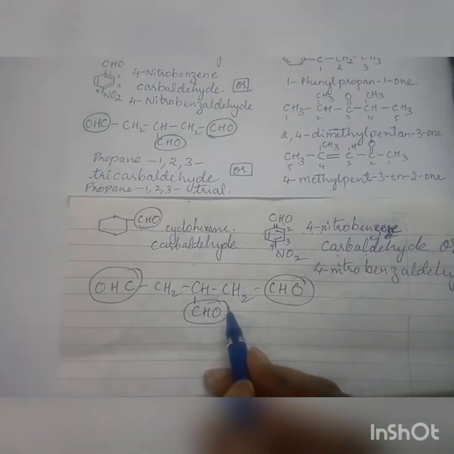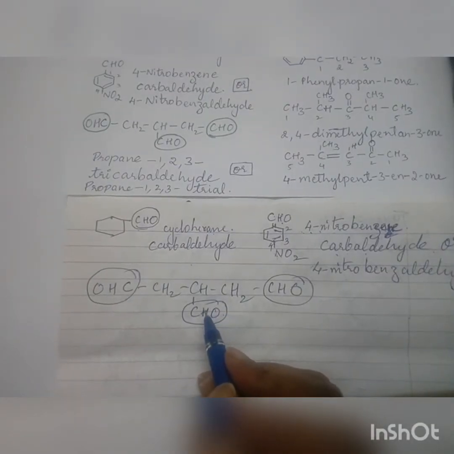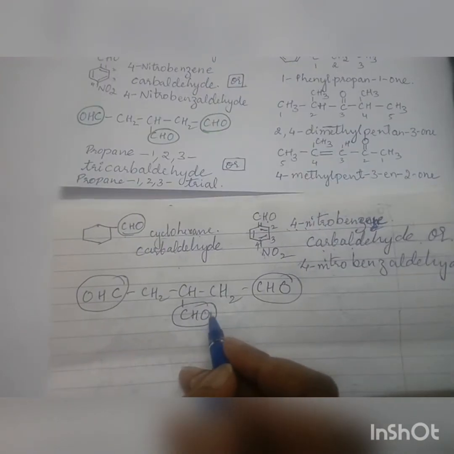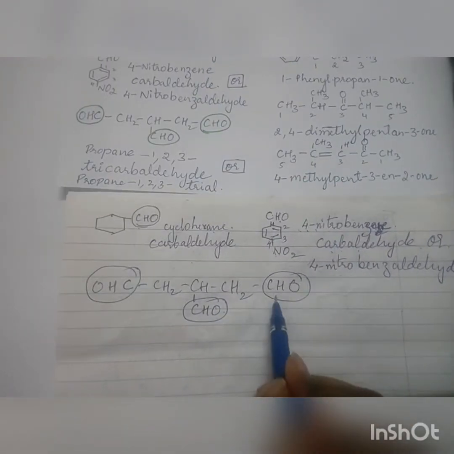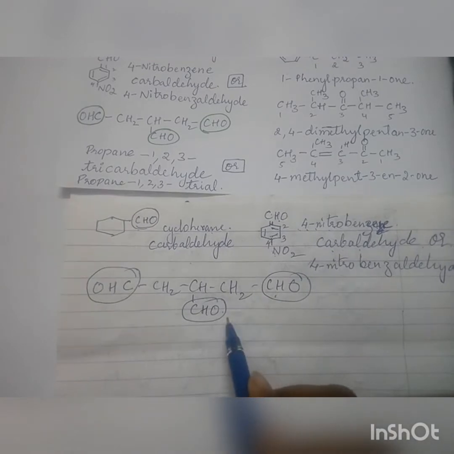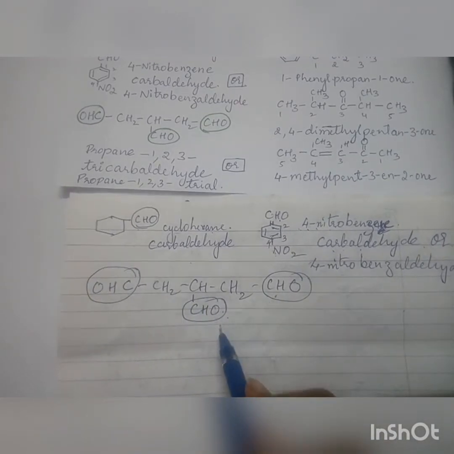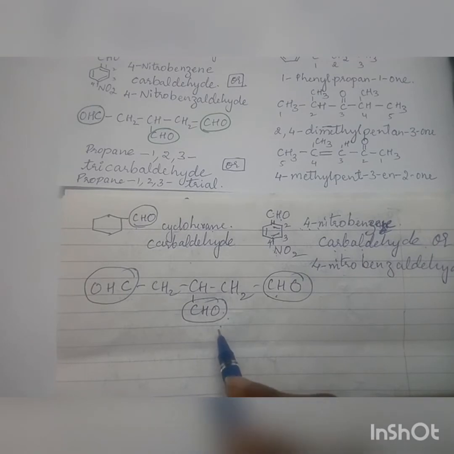This is there only for the nomenclature part and not for the preparation or the properties. Now, whenever the same functional group repeats more than once, you should always take the entire name of the alkane which is involved, without removing the last letter E.